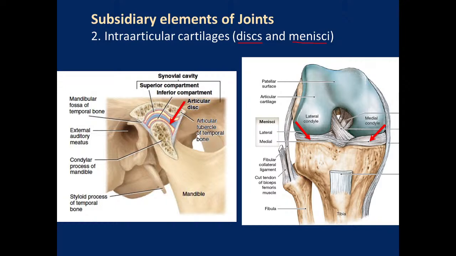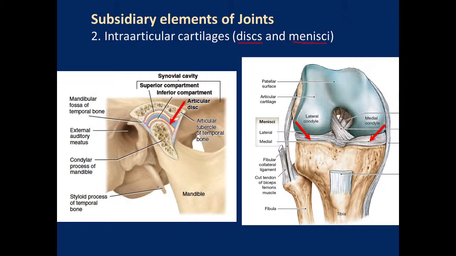We find a disc, the solid cartilage, in the temporomandibular joints, and we find menisci in the knee joints.